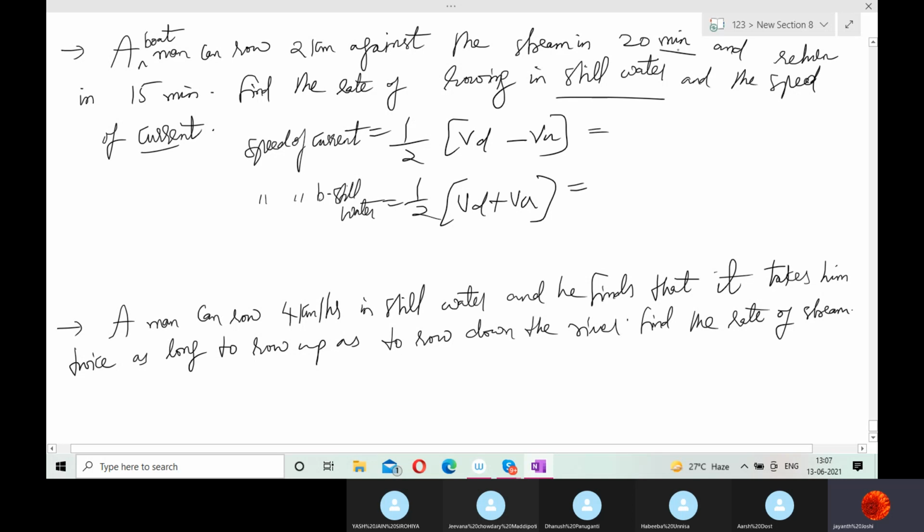They have given the times in minutes, so we can also do it in kilometers per hour, there's no problem. So let us put this in kilometers per minute. Distance by time is nothing but speed. A boatman can row 2 kilometers against the stream in 20 minutes and return in 15 minutes.